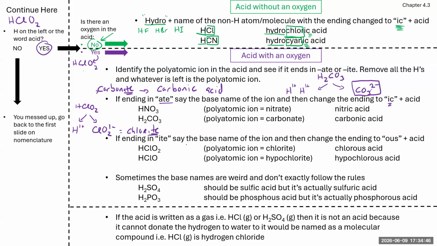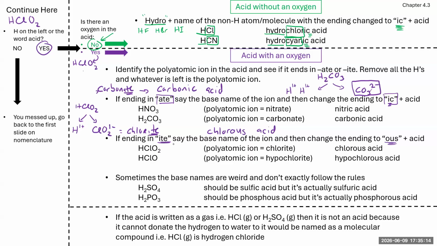Well, if it ends in ite, we're going to say the base name, which is chlor, and change the ending to ous acid, chlorous acid. So if it ends in ate, you're going to change it to ic. If it's ite, you're going to change it to ous.